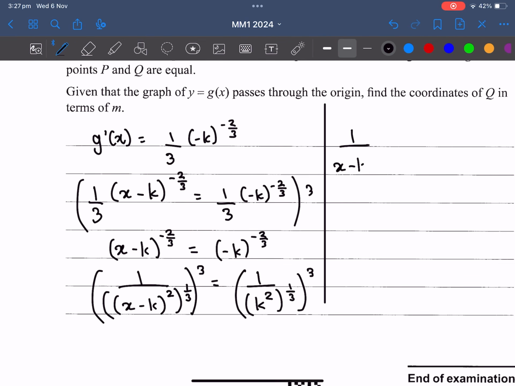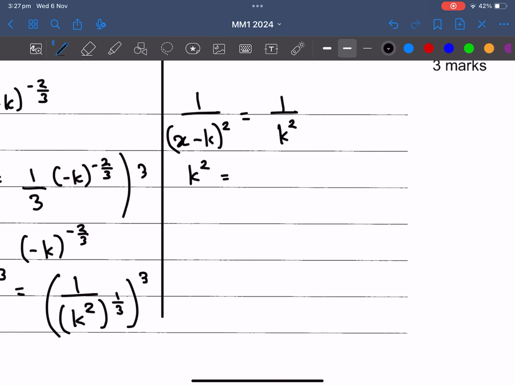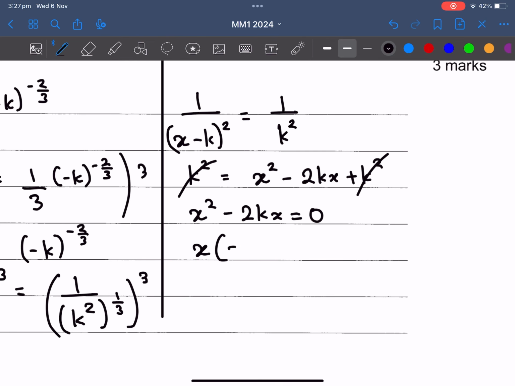So 1 on (x minus k) squared is equal to 1 on k squared. So k squared is equal to x squared minus 2kx plus k squared. So x squared minus 2kx is equal to 0, because this and this cancel out. I factorize it, so x(x minus 2k) is equal to 0. So x is equal to 0 or x is equal to 2k.